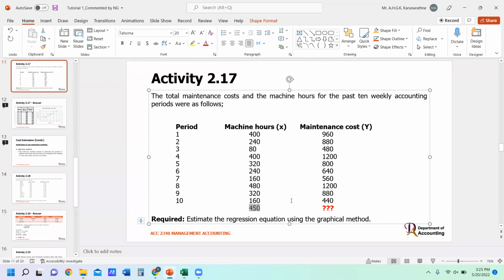You know how to plot this information in a graph. You can draw graphs: the vertical axis, or y-axis, can represent the maintenance cost, and the x-axis can represent the machine hours used. Then for each coordinate, you can plot the point on the x and y axes.